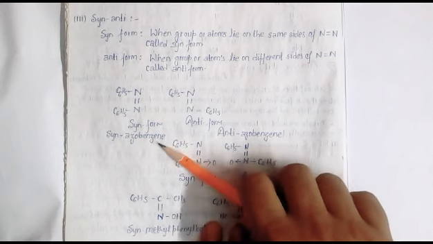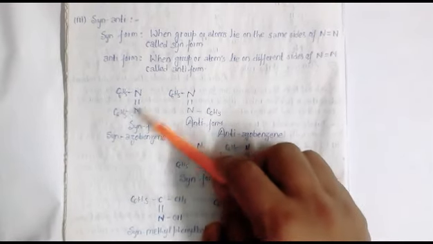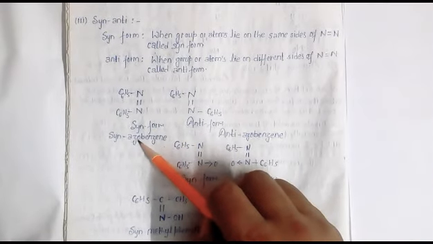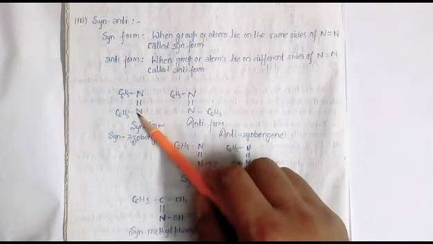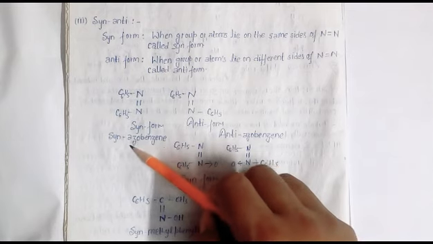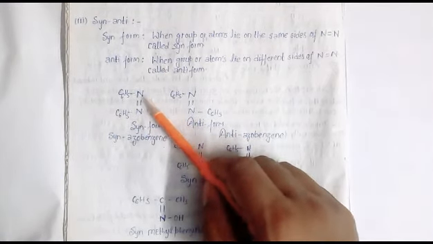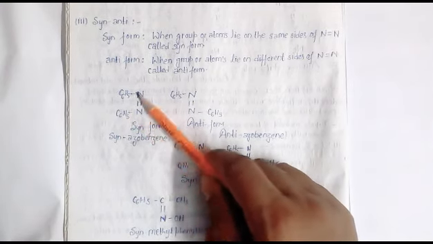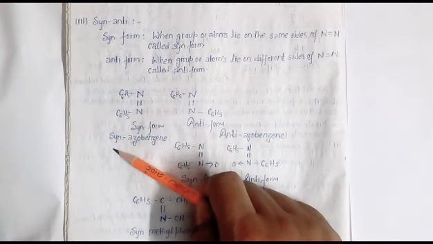For example, this is syn form, and this is actually the molecule cis azobenzene. N double bond N, doubly bonded nitrogen, is named as azo. This is the functional group, and this functional group is called azo. And this azo is attached with a benzene ring, so the name of this compound is azobenzene. In this case, both C6H5 groups, phenyl groups, lie on the same side, so this is called syn form.